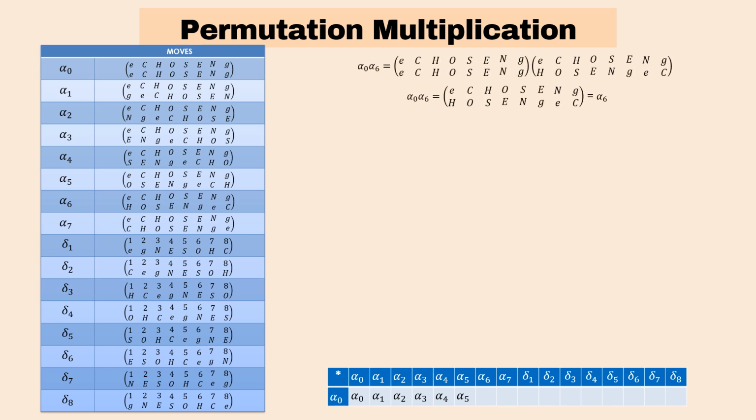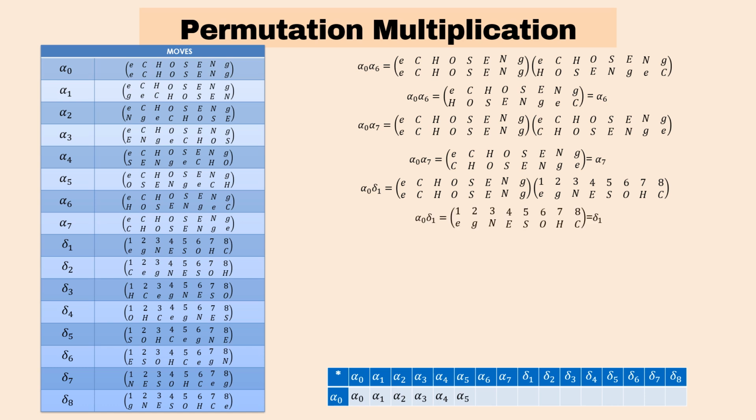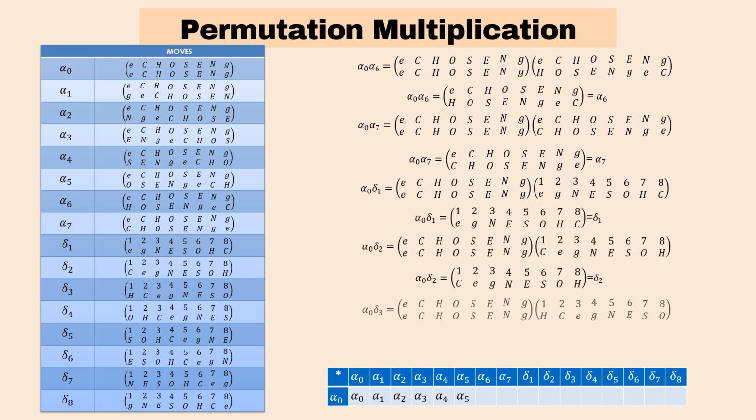So, here, alpha sub 0, alpha sub 6 is equal to alpha sub 6. Alpha sub 0, alpha sub 7 is equal to alpha sub 7. Alpha sub 0, delta sub 1 is equal to delta sub 1. Alpha sub 0, delta sub 2 is equal to delta sub 2. Alpha sub 0, delta sub 3 is equal to delta 3. So 1H, H is 1H, 2C, C, 2C.